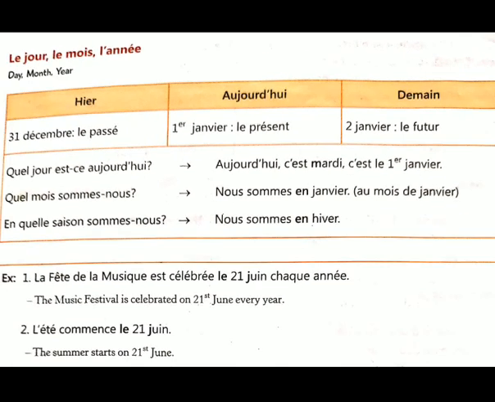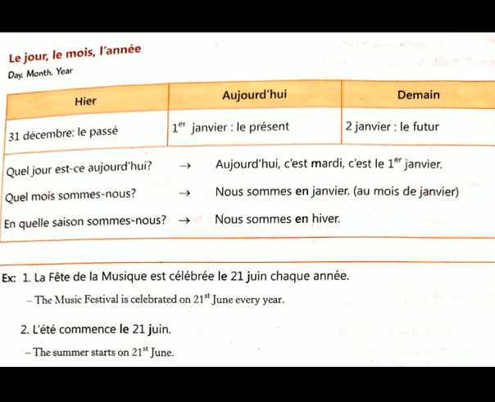So next is quel mois sommes-nous? In which month are we? We are in janvier. Before the month name you have to put en every time. So remember this: before the name of a month you have to put en. But if you are writing the month of January, then you have to put de.